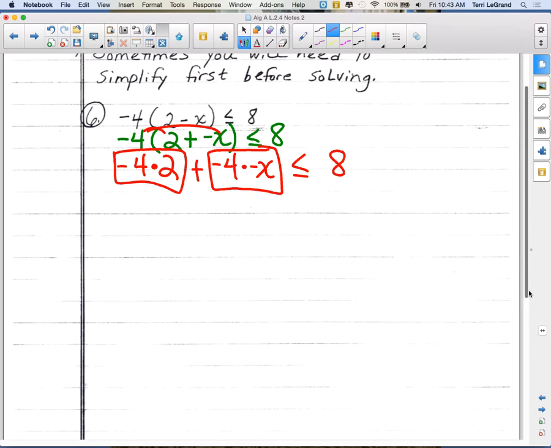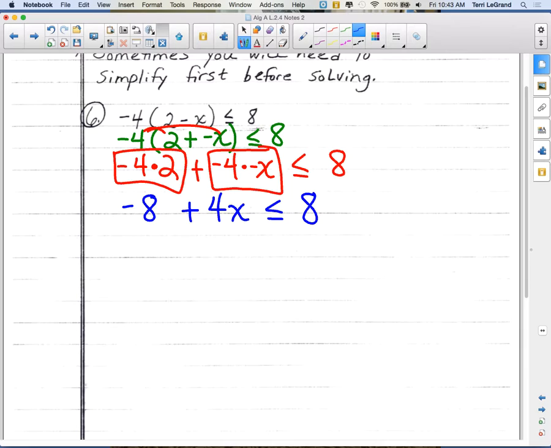A negative 4 times a positive 2. Negative times a positive is a negative, and 4 times 2 is 8. Plus, now we have a negative 4 times a negative x. A negative times a negative is a positive, and 4 times x is 4x. Is there any other simplifying we can do?